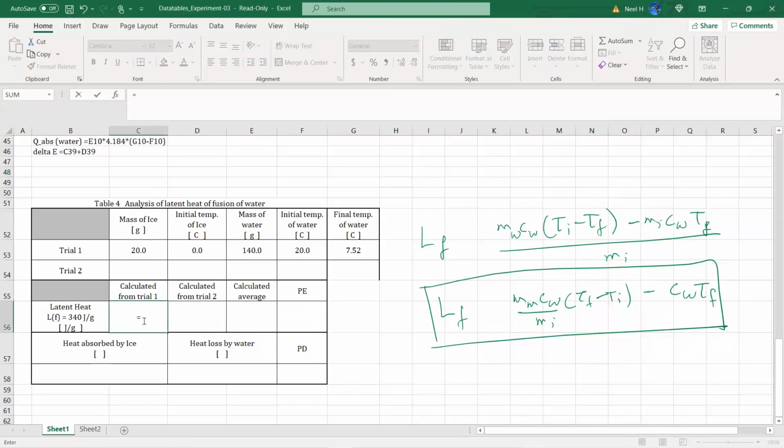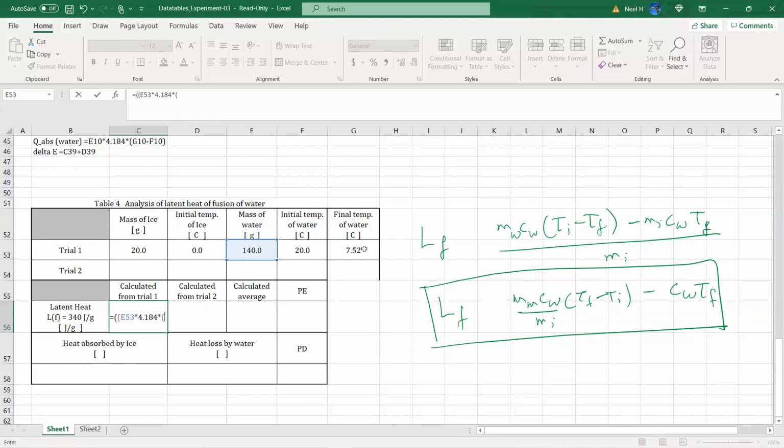So equal sign, we can put parentheses, mass of the water. Maybe we need another parenthesis inside here. Mass of the water multiplied by specific heat capacity of the water 4.184 multiplied by parentheses temperature difference of the water, T final minus T initial.